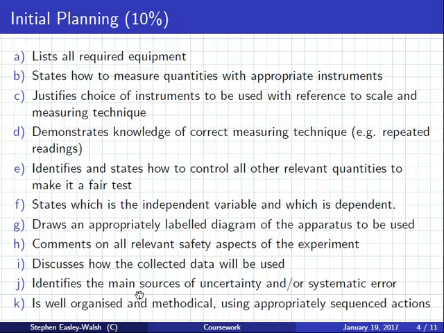I think the main cause of error will be something from the table, like the table's not level or smooth. It really depends. And lastly for this, make sure it's organized, of course, not messy.